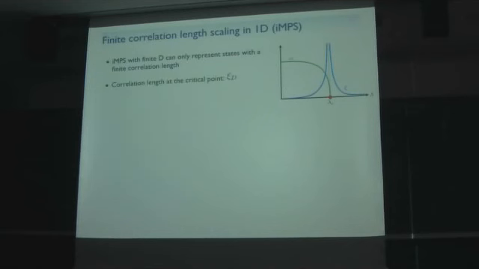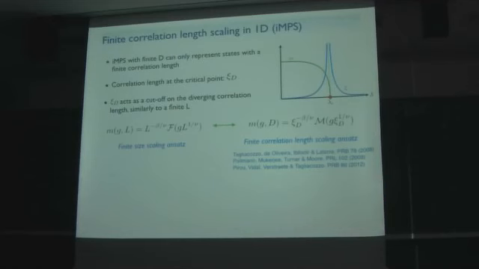So let's call the correlation length at the critical point ξ_D, so it depends on the bond dimension. And then this ξ_D in the end acts as a cutoff on the diverging physical correlation length in a very similar way as a finite system size. So in the end, the basic idea is to just take a finite size scaling ansatz and then replace the system size by this ξ_D.